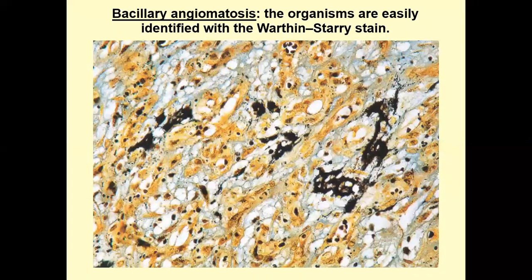So if we are suspecting bacillary angiomatosis, in addition to the nodular capillary proliferation, there will be ectatic blood vessels, swelling of the vessel wall, neutrophilic infiltrate, and bacteria that will be stained by Warthin-Starry stain.